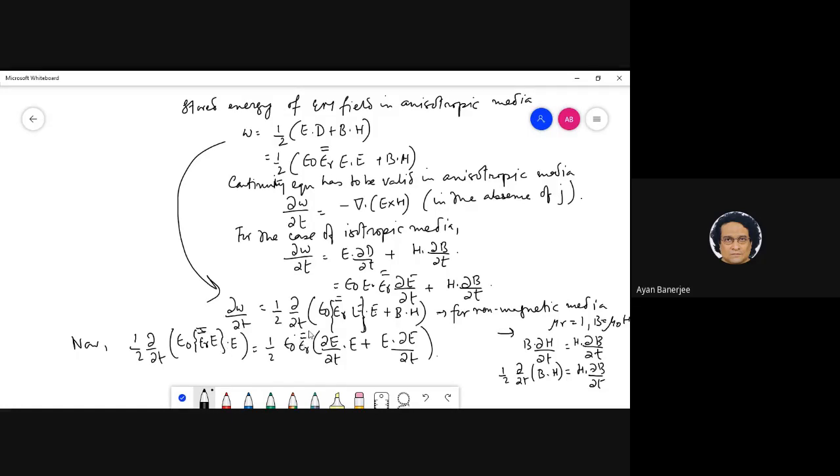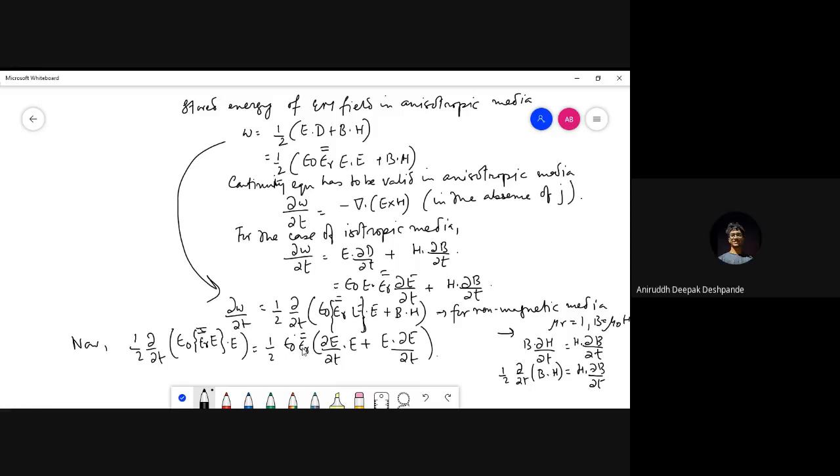This has no time dependence. So epsilon r is multiplied on this side only, and on this one only. Is this not okay? I think this is okay, no?